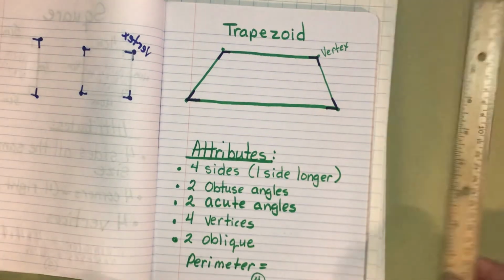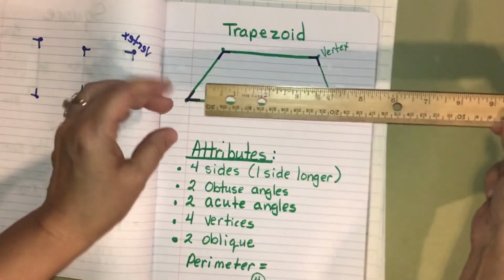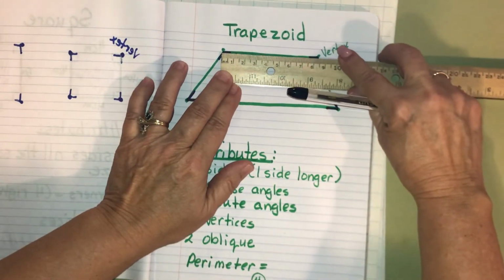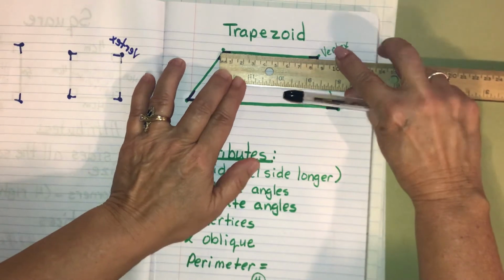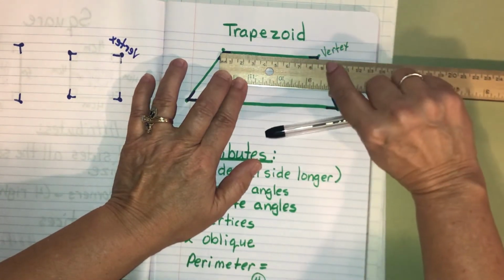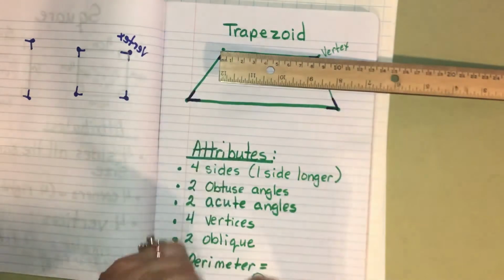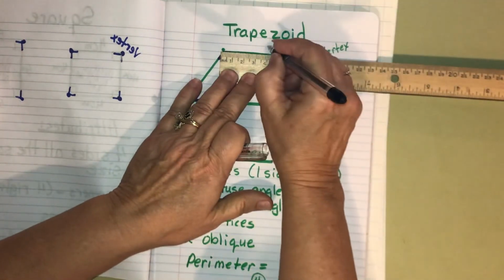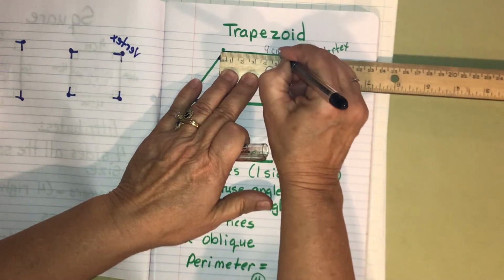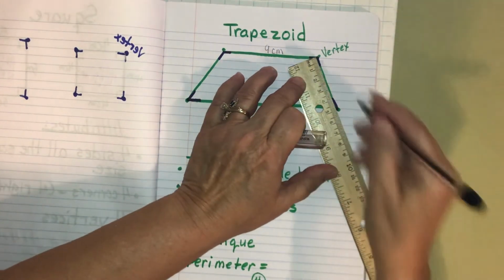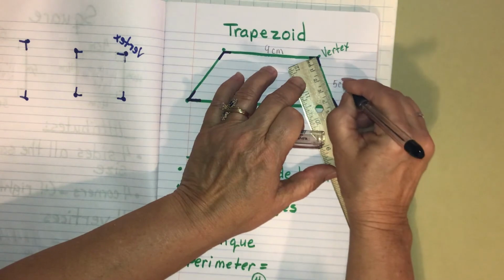So I need to measure all the way around, and I'm going to use my centimeter side, and we're going to round to the nearest centimeter. So this one looks like it's about 8.5. If it's at the halfway, then that means we're going to go to the next highest number. So we're going to say that is 9 centimeters. And this one, 5 centimeters.